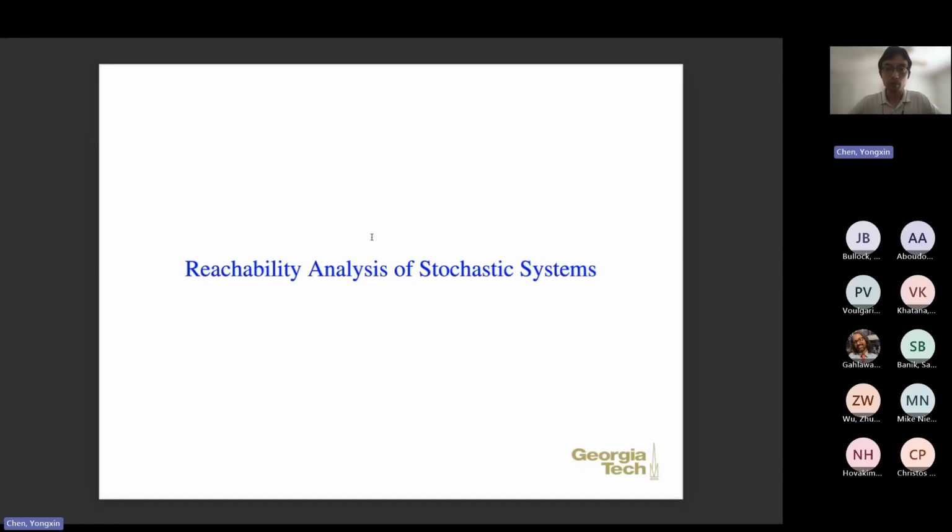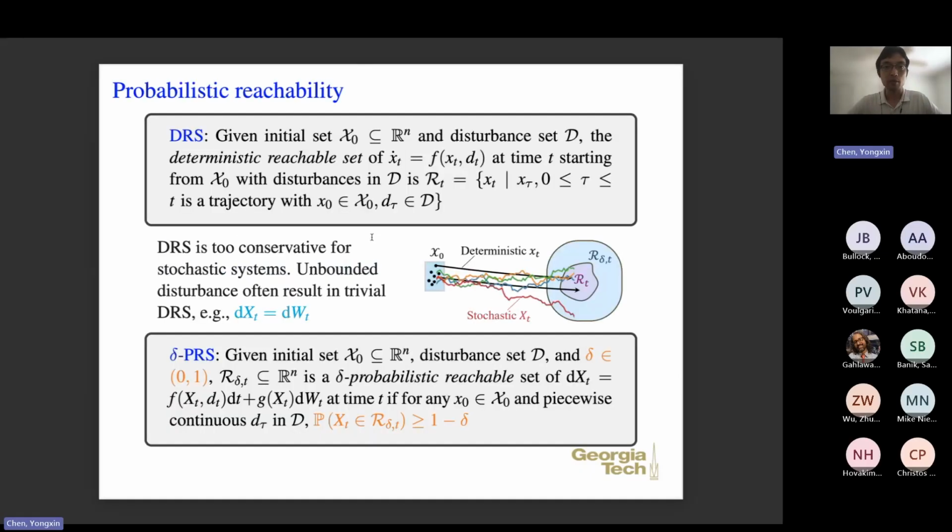Okay, so reachability analysis. What is reachability analysis? Let's take a look at the definition of the reachable set first, for a deterministic system. The definition is very simple. This is your deterministic system, you have your state, and you have some disturbance.